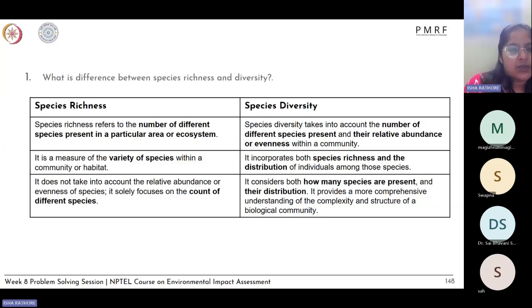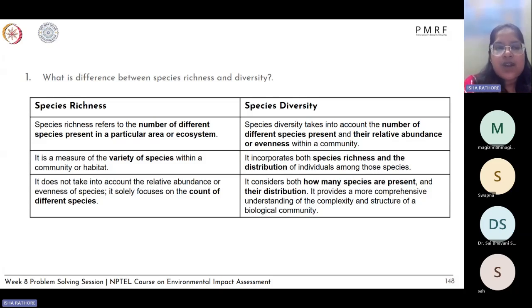So richness just includes the variety of species. If there are 10 kinds of species, it will be called a species rich area. Whereas if there are only two species in that area, it's a species poor area. So it's not as rich. So species richness is the variety of different species which are found in that area.